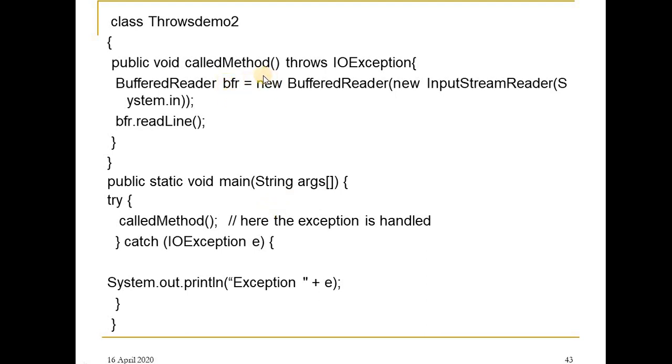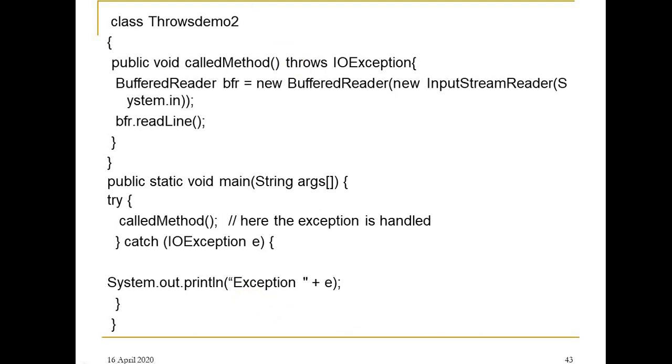Whenever you are trying to access the standard input buffer and you call the buffer's readLine method, if the buffer is busy or the standard input is busy, it will throw an IOException. That exception will be caught by the caller method and it will display the message regarding the exception.